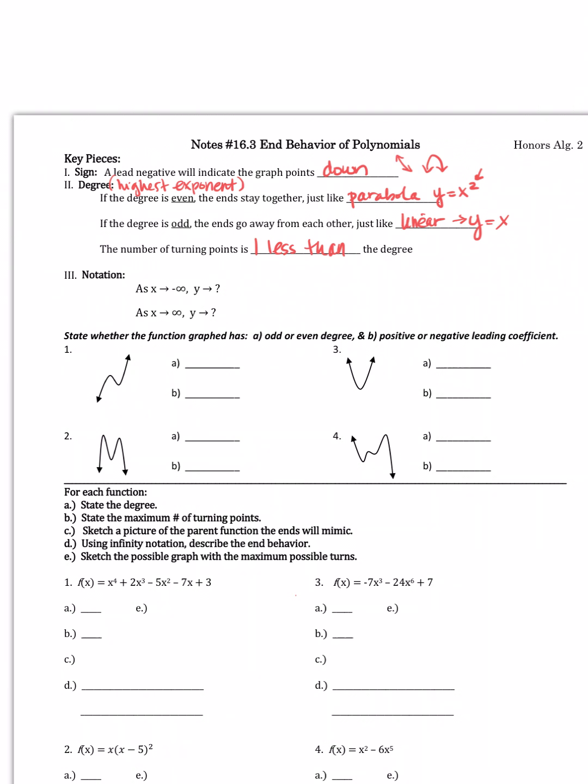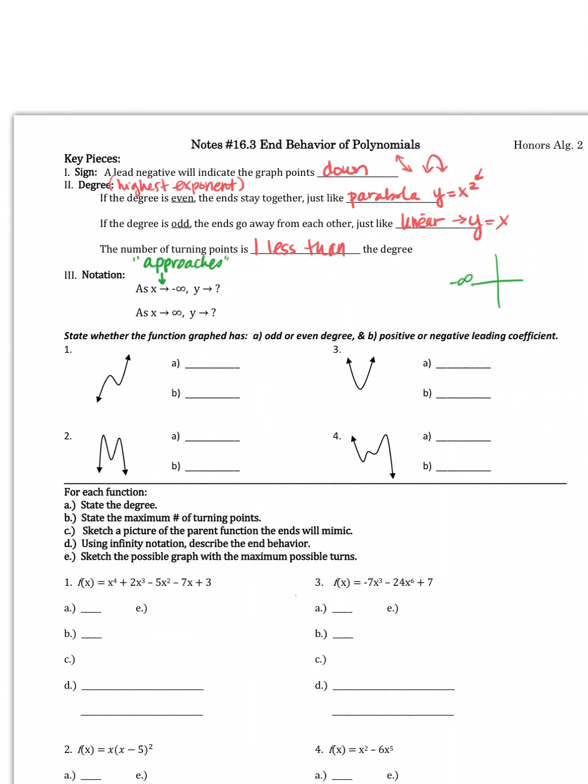Now, a notation. When we talk about the notation of our end behavior, this is what it looks like, okay? And when we read this, we read these lines right here as approaches. All right, so as x approaches negative infinity, well, think about your graph. Where's negative infinity? Well, that's over here on the left, isn't it?